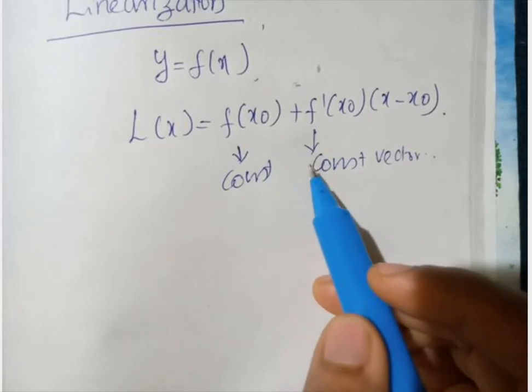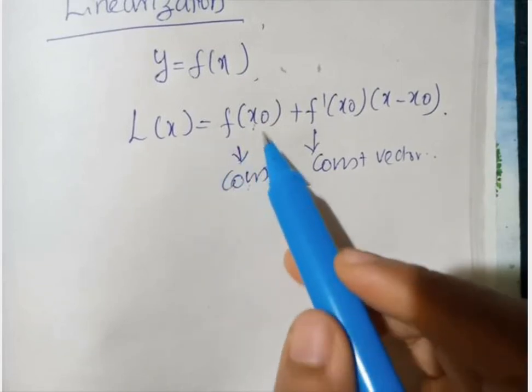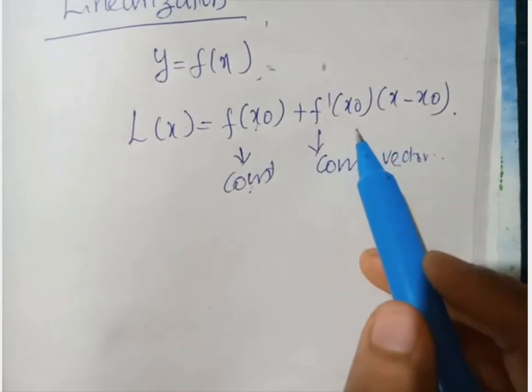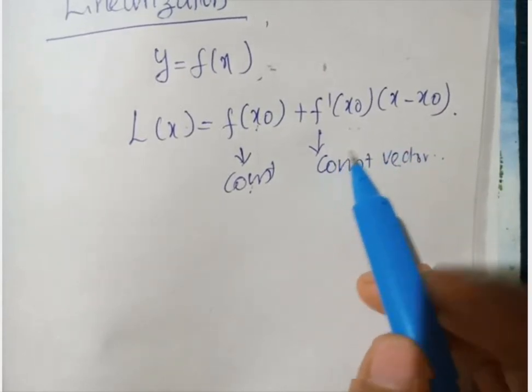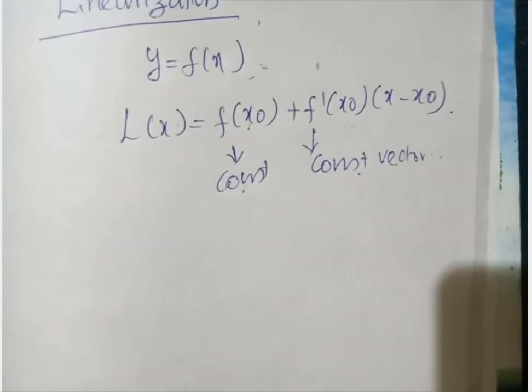So here, this is the linearization of one variable. This is a constant vector. In the case of two variables, this is considered as a tangent plane.